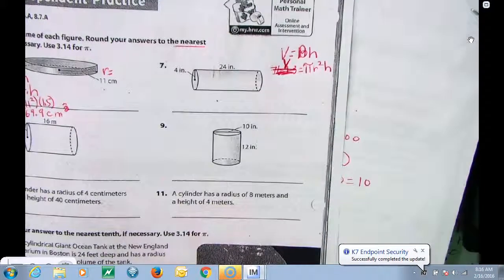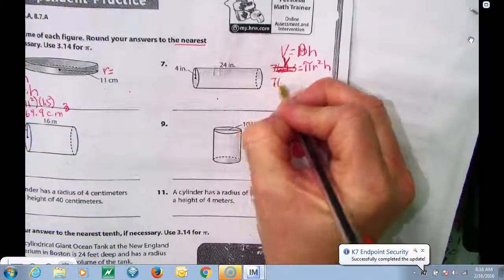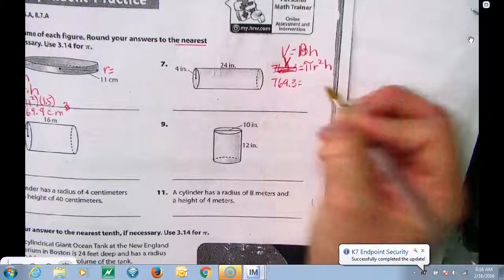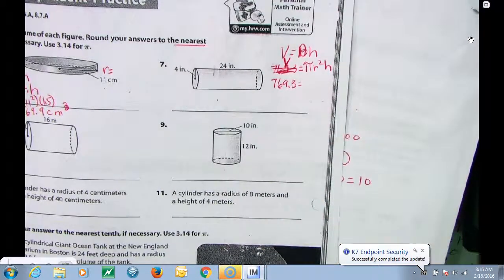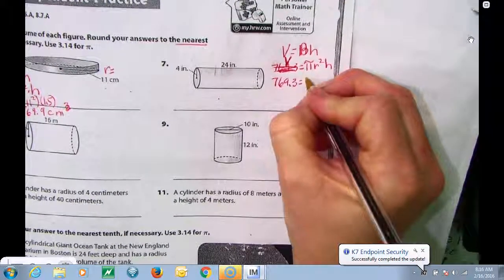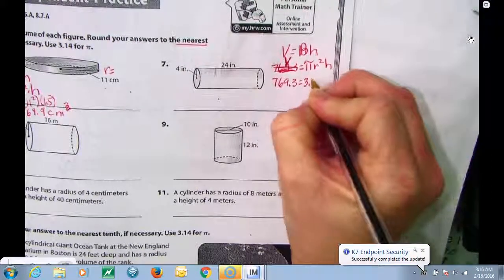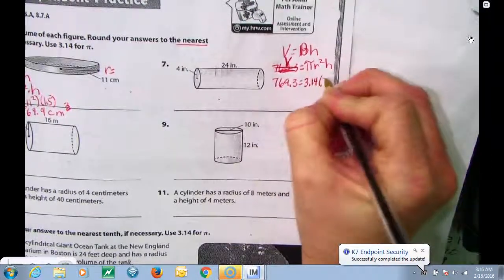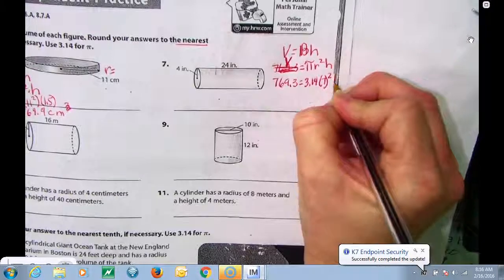Okay, and if I told you the volume is 769.3, and we're trying to find the height, and the radius is 7, so I'm going to put what? 3.14, 7 squared times H.